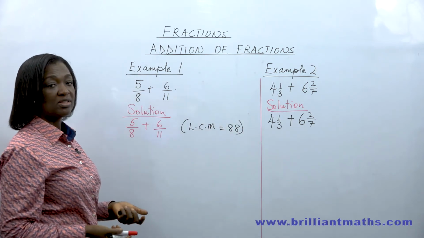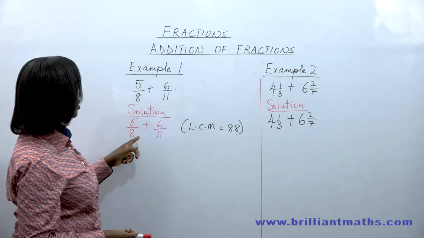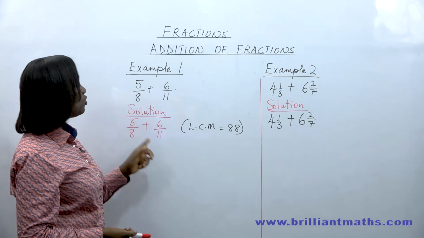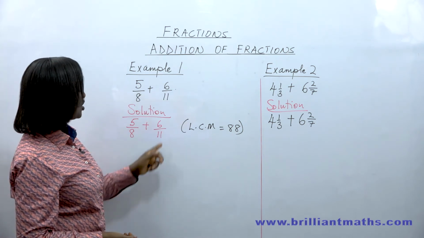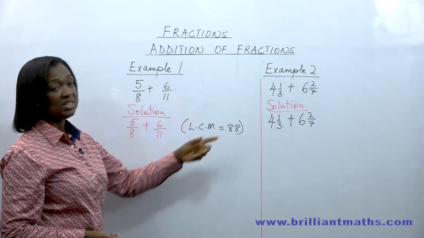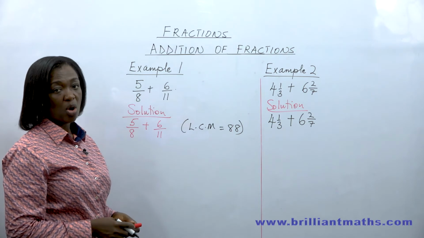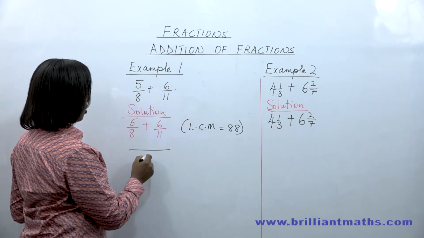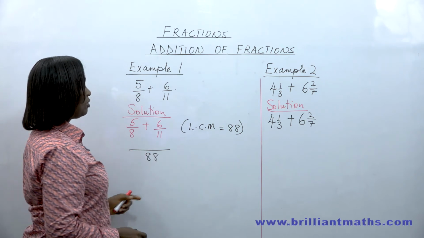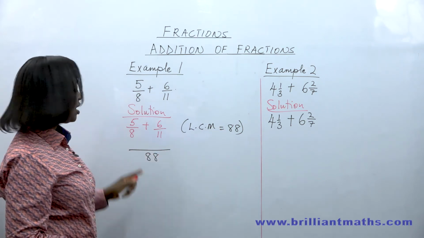So there are two ways. You can find the equivalent fraction of 5/8 with a denominator of 88, and the equivalent fraction of 6/11 with a denominator of 88, and then add them together. Or put them under a common denominator, which is 88.